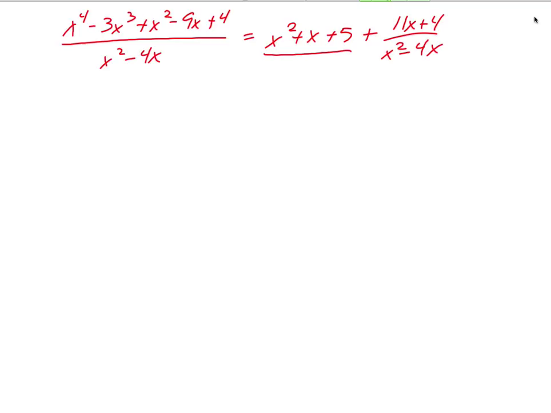So now we've reached the point where we're going to work it just like we did the first 2. So, x squared minus 4x, what does that turn into? That turns into x times x minus 4. So 11x plus 4 over x times x minus 4. What do I set that equal to?